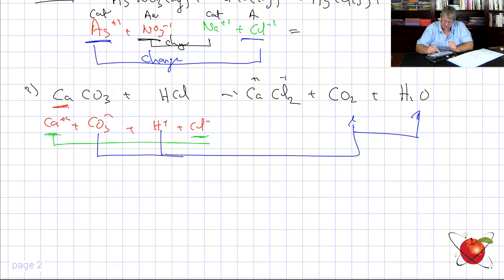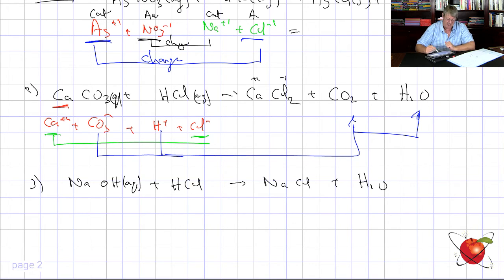The next reaction is the acid and base reaction, a neutralization reaction. I used NaOH aqueous, I should say aqueous in all cases, plus HCl, goes across to NaCl plus H2O.